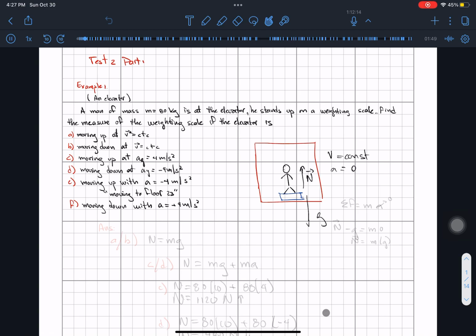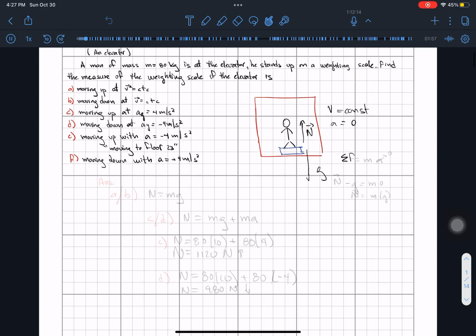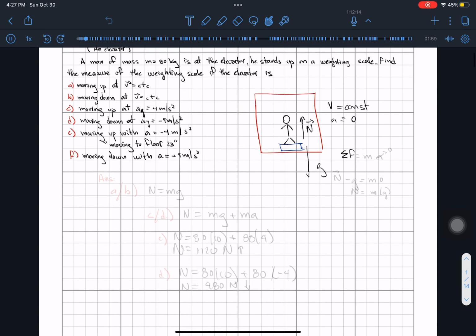Okay, so from Newton's second law of motion, we know that the sum of all the forces acting on an object is going to be equal to the mass times the acceleration of the object. So the forces acting on the person that's inside the elevator, as we said, are the normal force and the gravitational force.